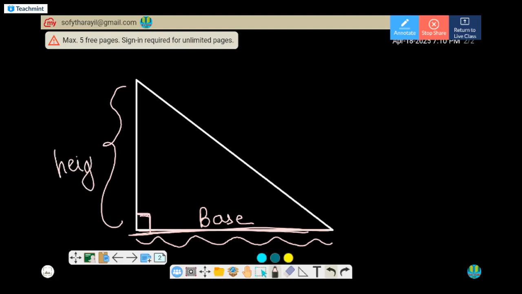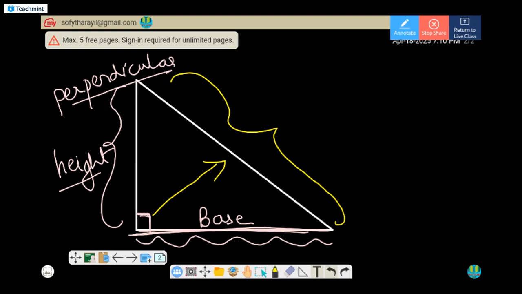You can also call that the perpendicular height, or shortly simply height. And the side opposite to your 90 degree is going to be called the hypotenuse, which you must have done a bit under Pythagoras already. So I'm just giving all the idea again.